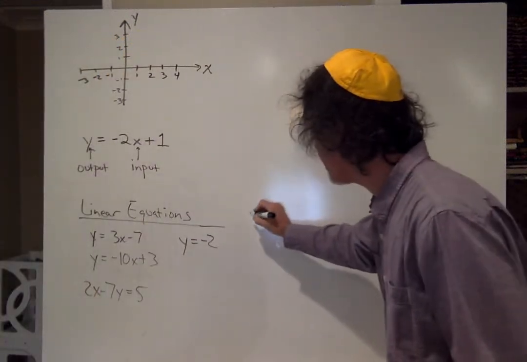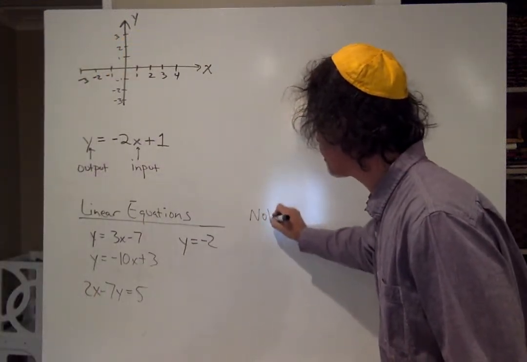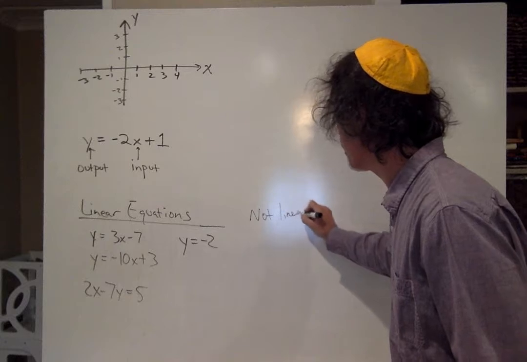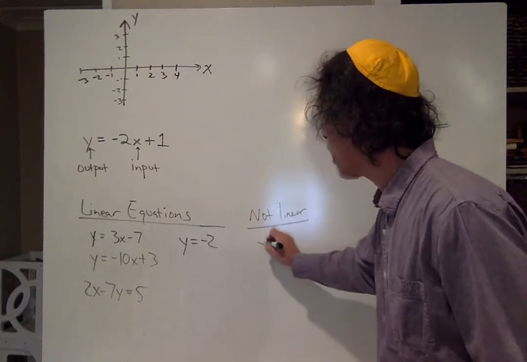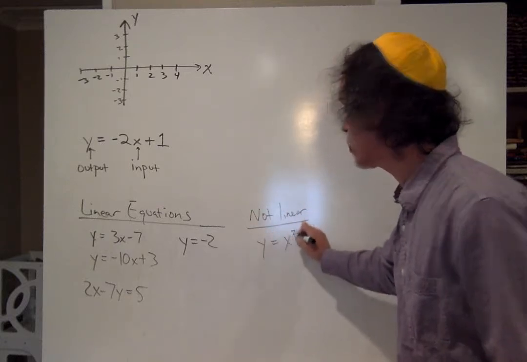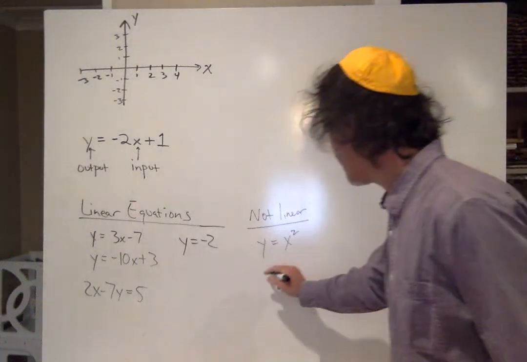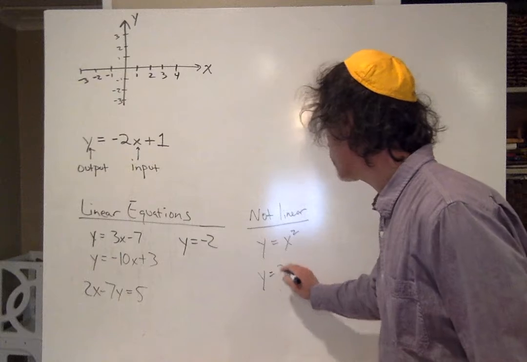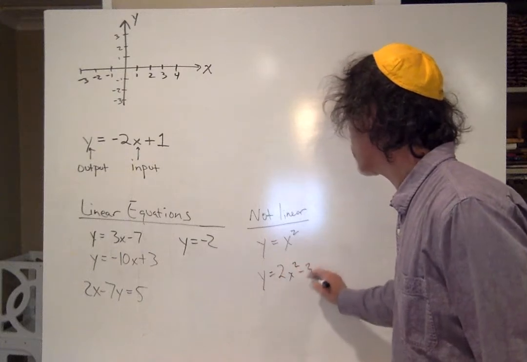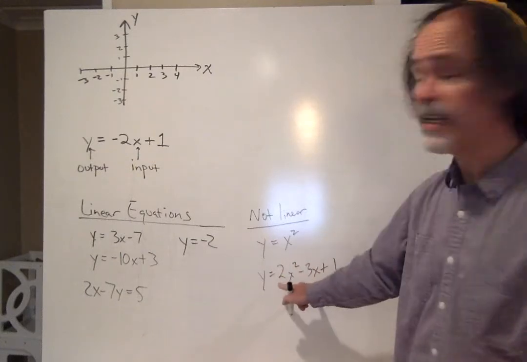Things that are not linear are y equals x squared. Not linear. Y equals 2x squared minus 3x plus 1. Not linear.